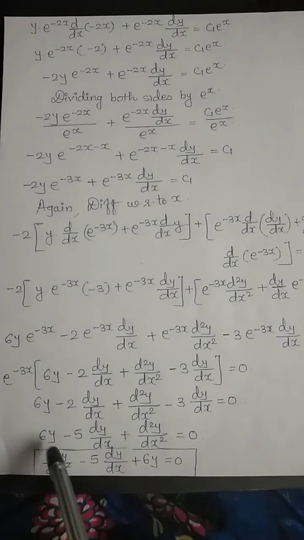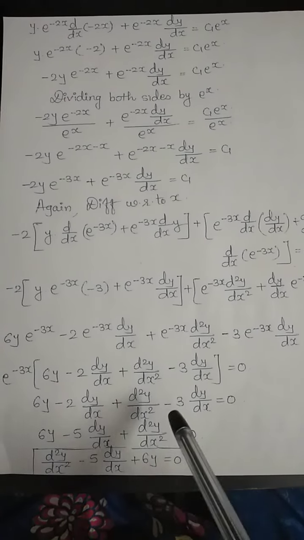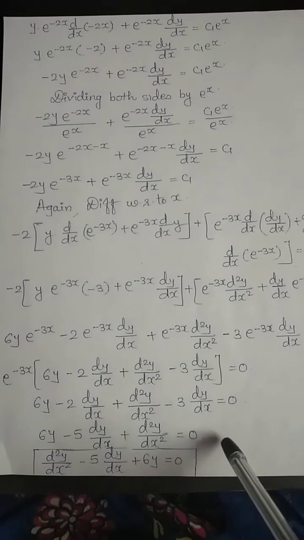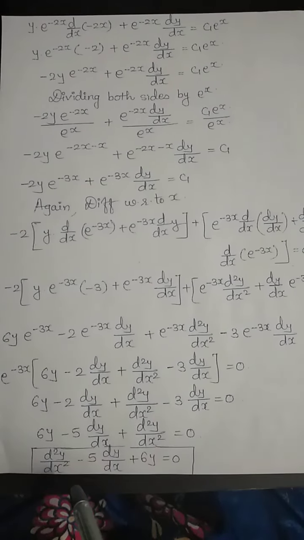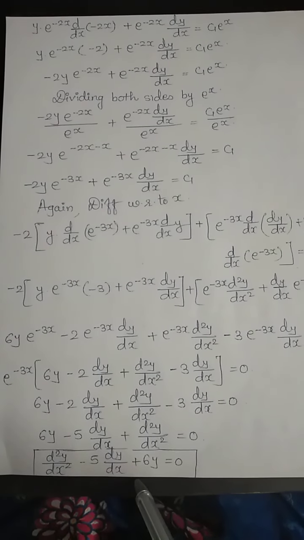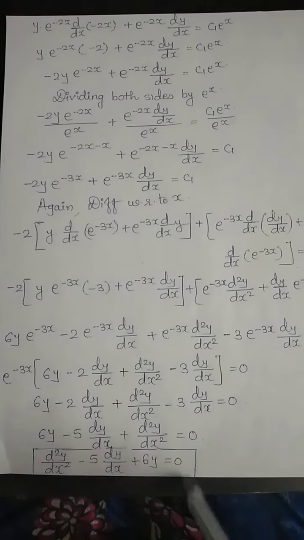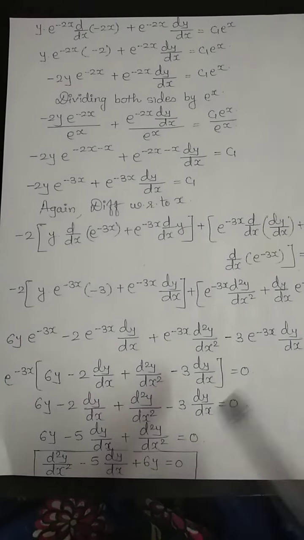Therefore the equation will be 6y minus 5 dy by dx plus d square y by dx square is equal to 0. And this equation we can write as d square y by dx square minus 5 dy by dx plus 6y is equal to 0. And this is the required differential equation.